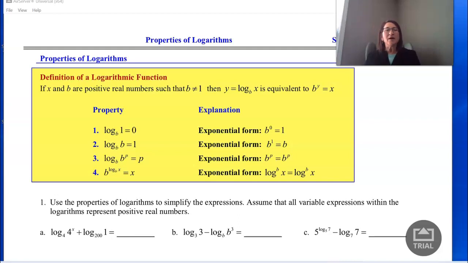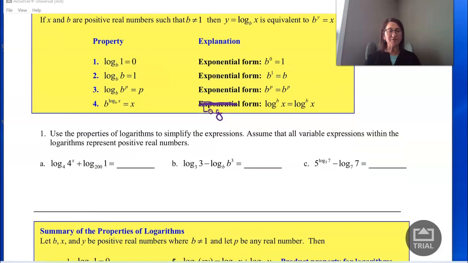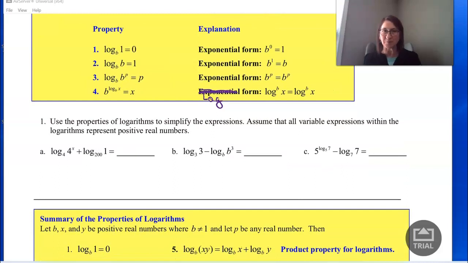Here inside of this yellow box are the first 4 properties that we just spent time going over, so I'm not going to go over them again. They're exactly the same. Only thing is this should say logarithmic form.